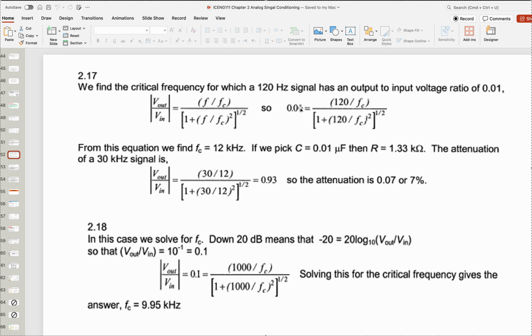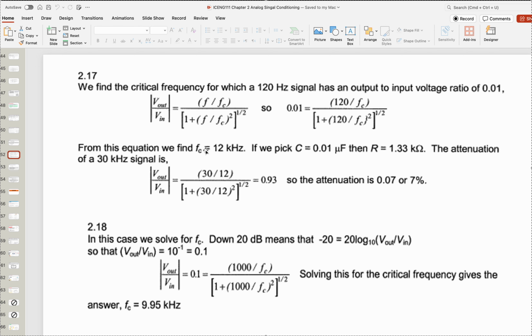If you substitute V out over Vn, which is 0.01, we're going to find FC. Now FC is found out to be 12 kilohertz. That is the cutoff frequency. And when we say cutoff frequency for a high pass filter, that means it will pass the high frequencies, and it will cut off the lower frequencies. So anything lower than 12 kilohertz will be cut off.